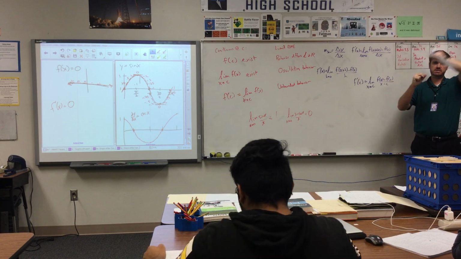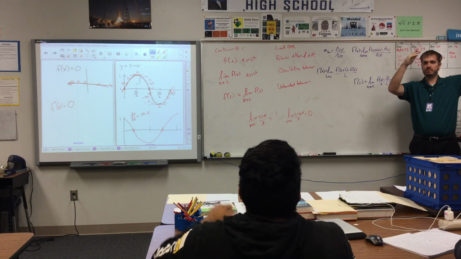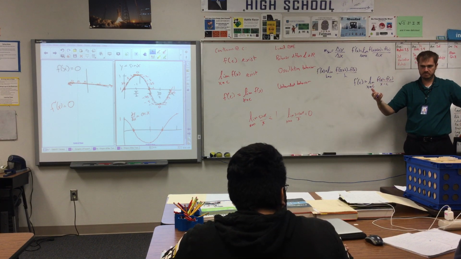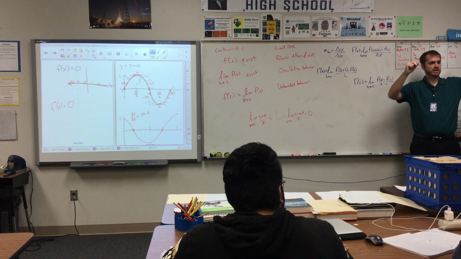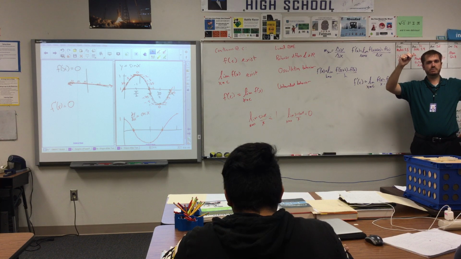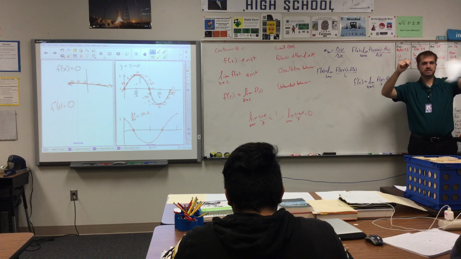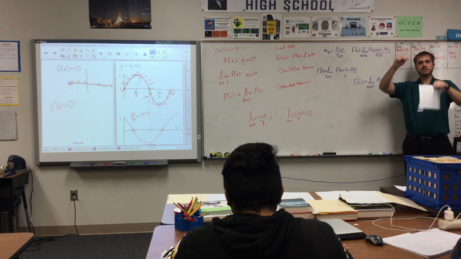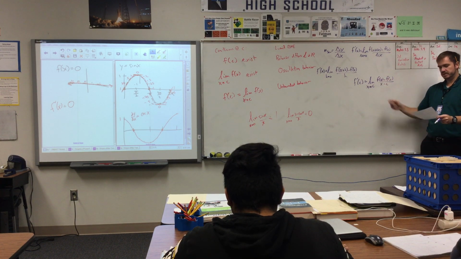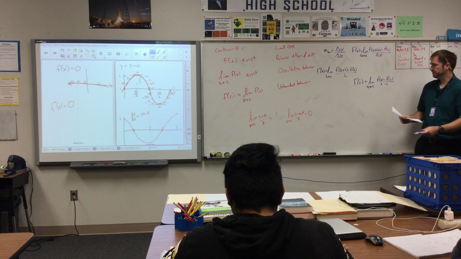Where x is some other point, c is the point that I want to find the slope of the tangent line. So if you remember, the whole activity that we did was find an x over here and find that secant line, find that slope, then move a little bit closer, find that slope, then move a little bit closer and find that slope. You see what I'm saying? So as x approaches c, find the slope of the difference quotient.